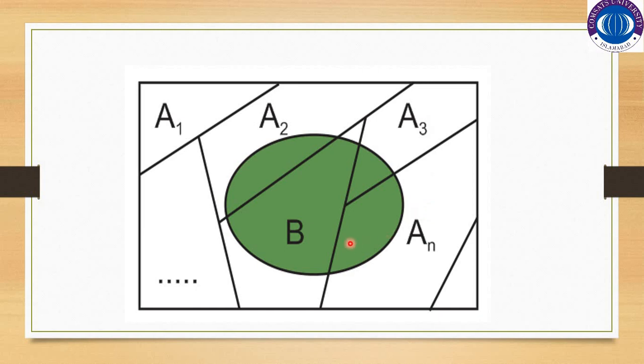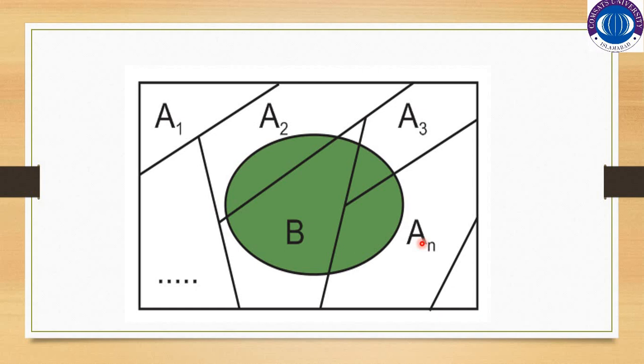And there is some other event B defined on the same sample space. So whenever B will occur, it will come in the conjunction of any of the AIs. Means it could come with the conjunction of A1 or A2 or A3 up to so on till AN.